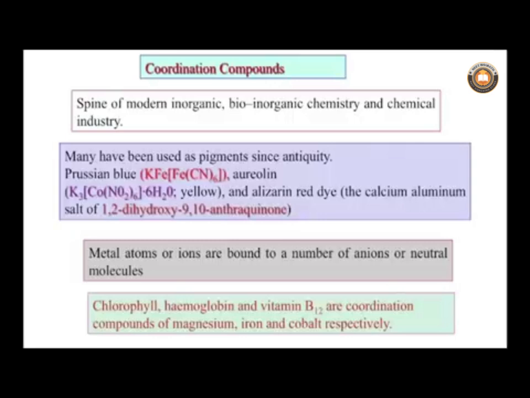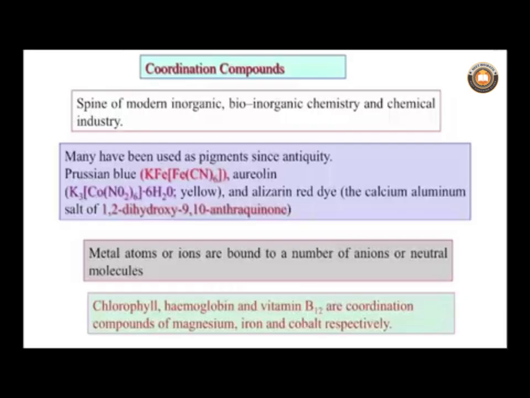But if the corresponding anions are different, here it is CN minus, the cyanide ion, here it is NO2 minus, the nitrite ion, we still get some coloration for the presence of those anions as well as the central metal ion. But these are not the simplest possible examples of metal salts. These are not simple metal salts.